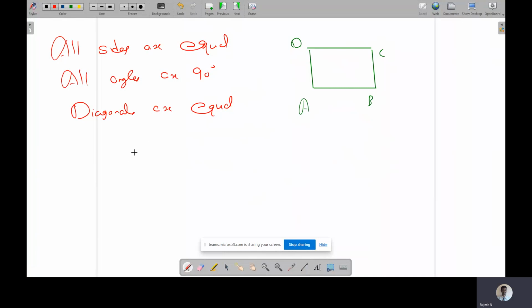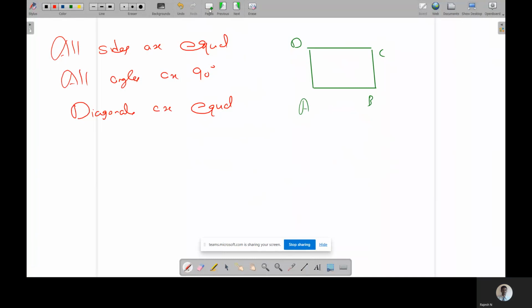All sides are equal, all angles are 90 degrees, diagonals are equal. Now, what is the next one? The diagonals are equal, so that is equal to a square.